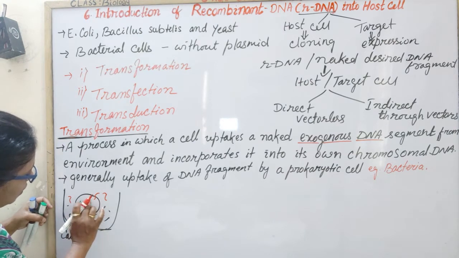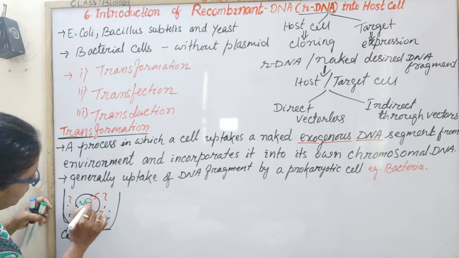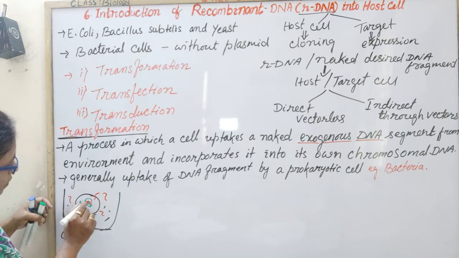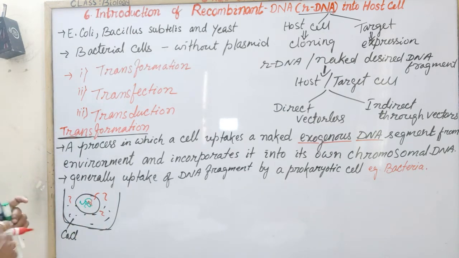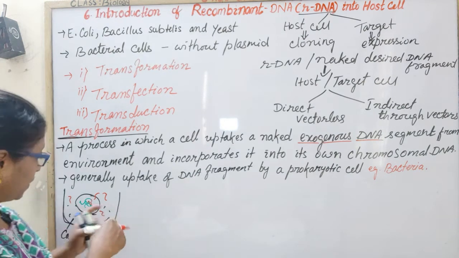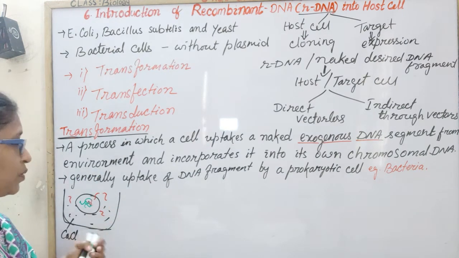Splicing occurs at a place, and at any point it is joined with the chromosomal DNA.